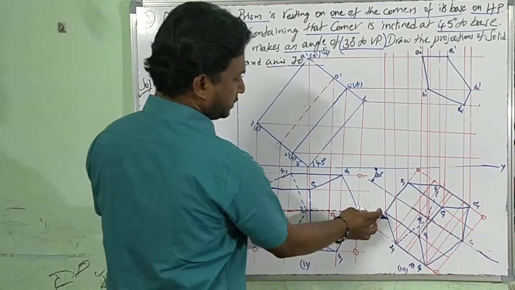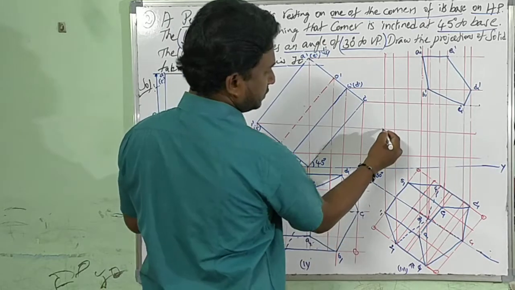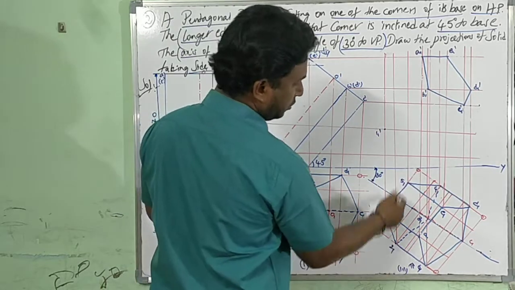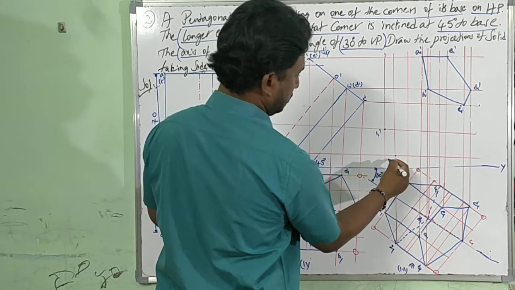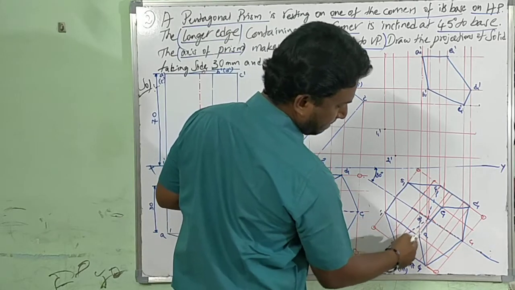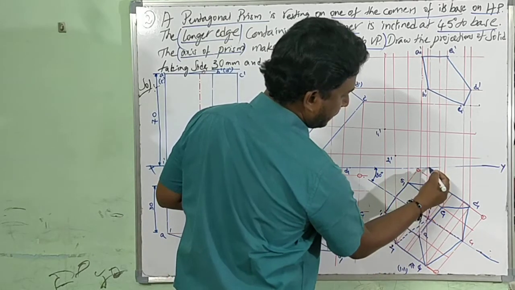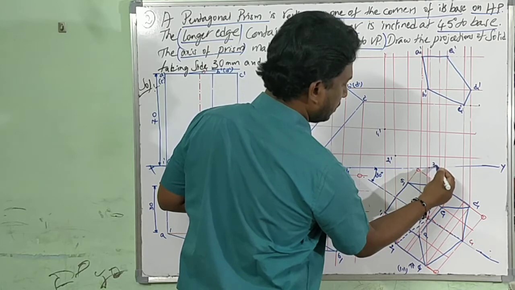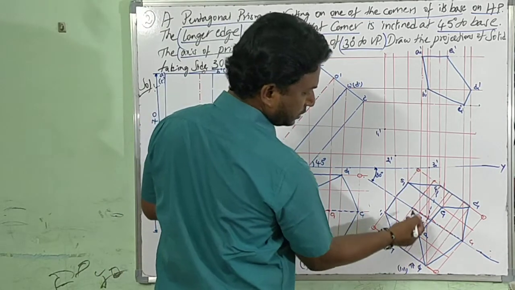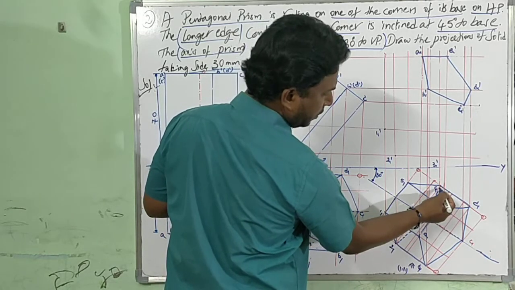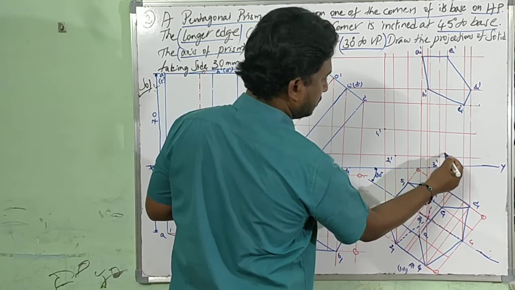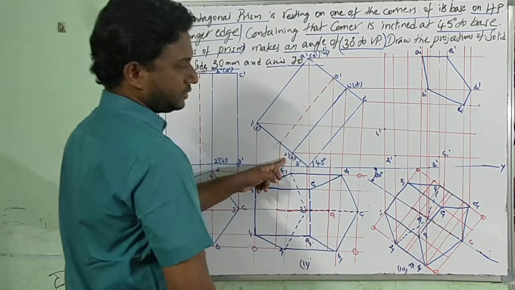Pick the 1, 2, 3 points. 1, 1, 1 dash, 1, 1 dash, 2 dash horizontal, 2, 1, 2, 1 dash, 3 dash horizontal, 3, 1 dash, 4 dash horizontal. Be careful with points. 4, 1 dash.